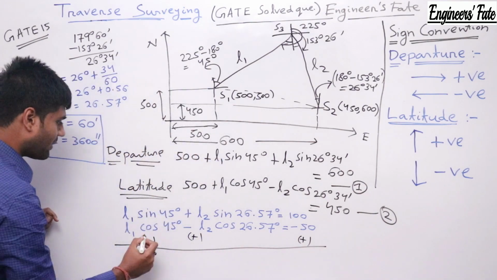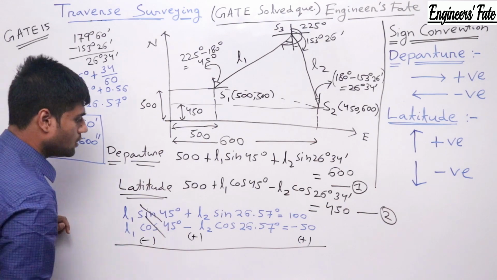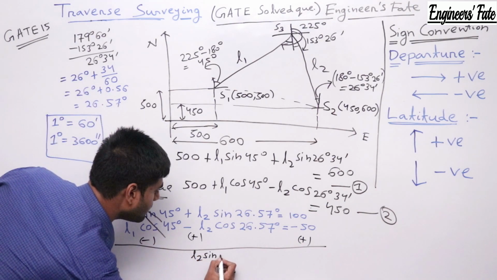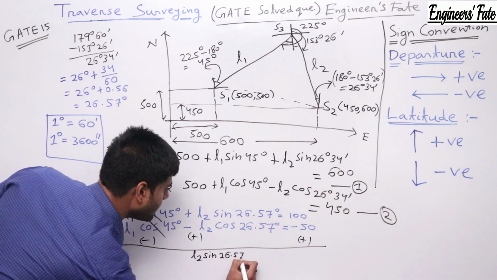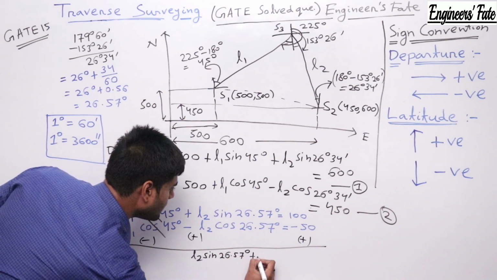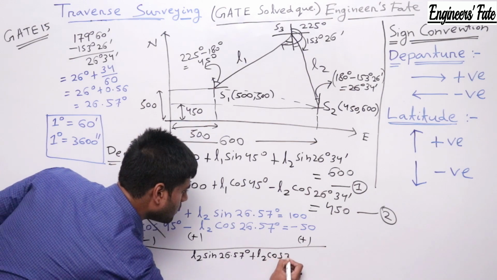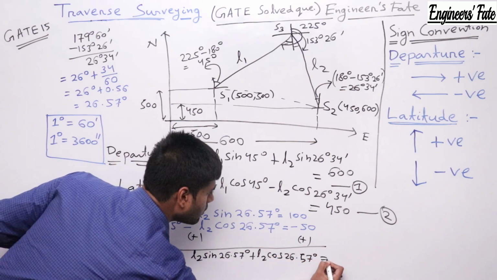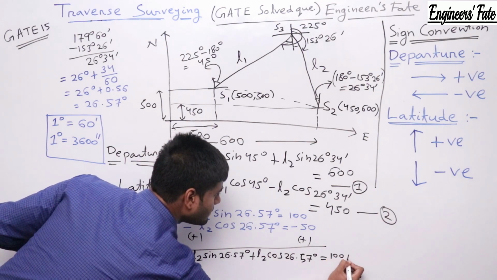If I subtract both, the final value will come as L2 sin 26.57 degree plus L2 cos 26.57 degree equals 100 plus 50.